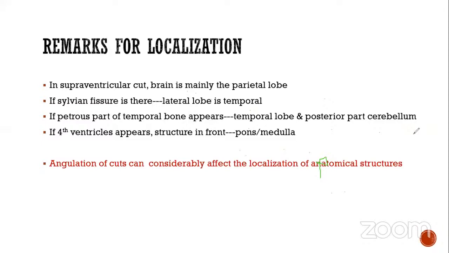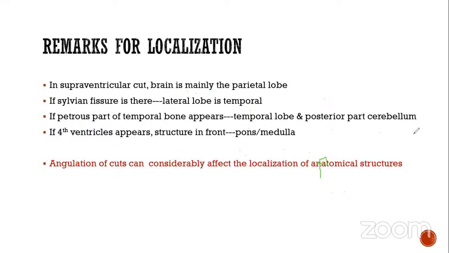Next are the remarks for localization. If the supraventricular cord is there, the brain is mainly the parietal lobe. If the sylvian fissure is absent, the lateral lobe is the parietal; once it appears, the lateral lobe is the temporal.